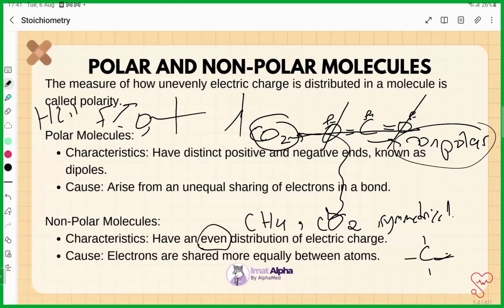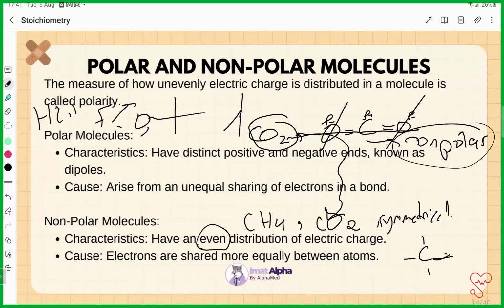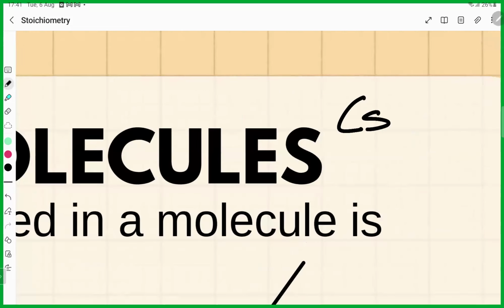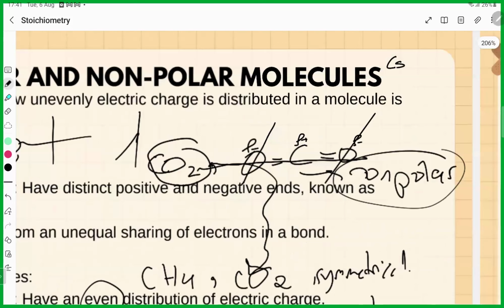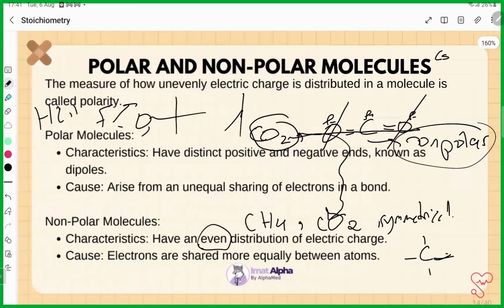And you might also be asked about the element with the lowest electronegativity, and it is cesium, I guess. So the lowest electronegativity is this element, while the highest electronegativity is fluorine.